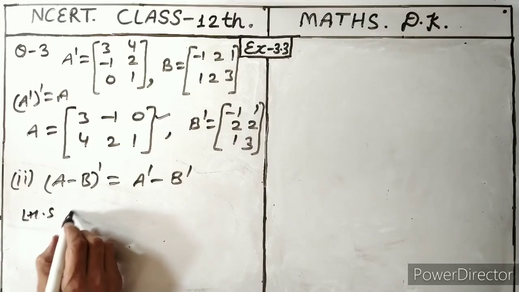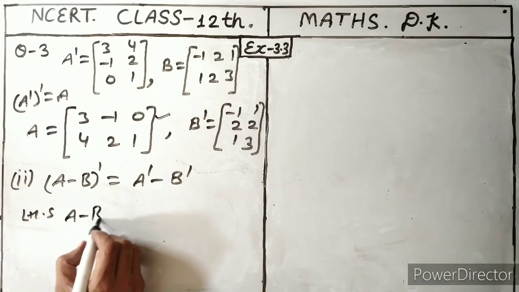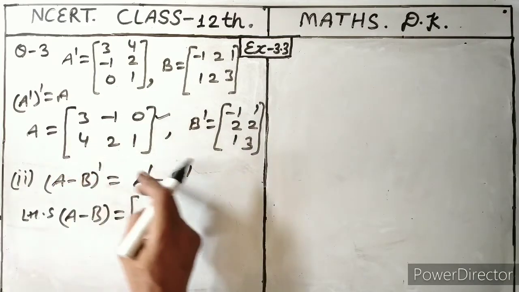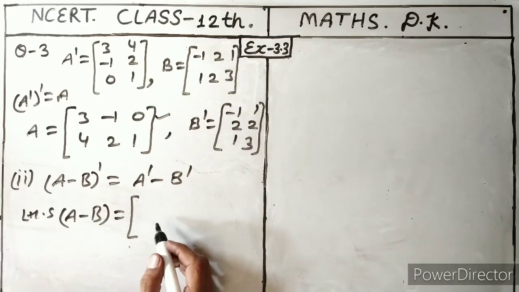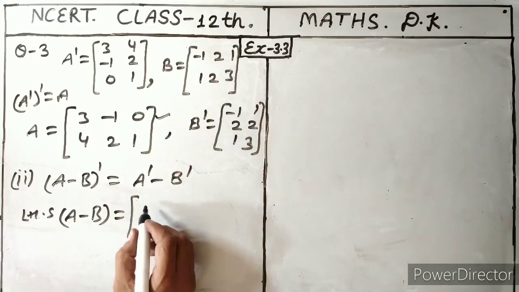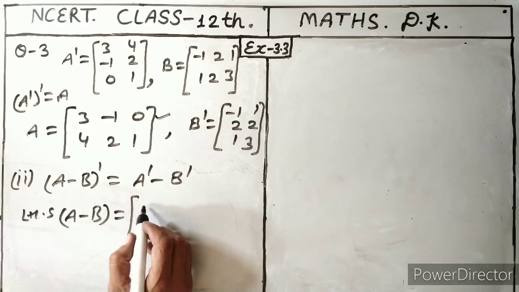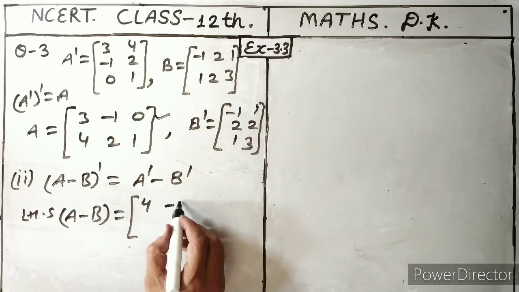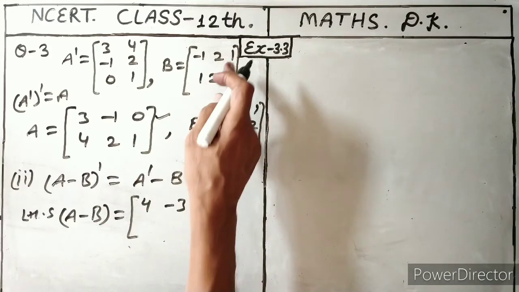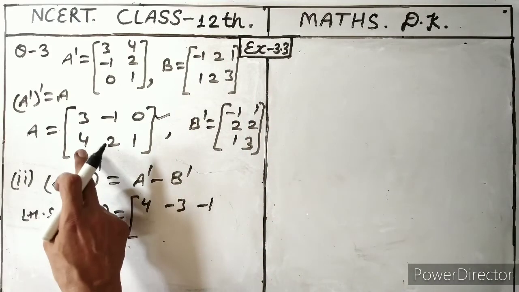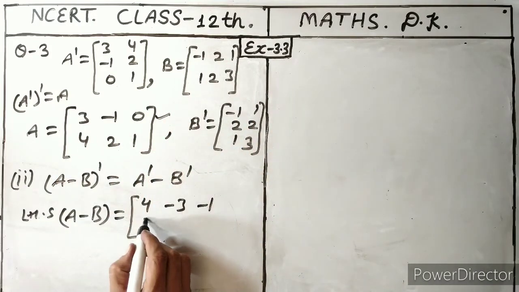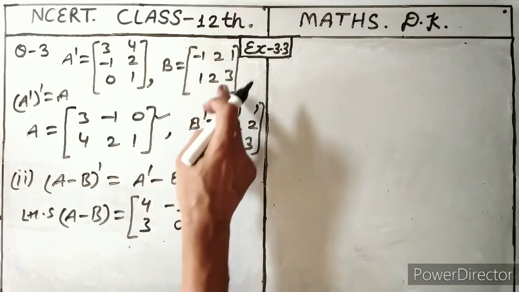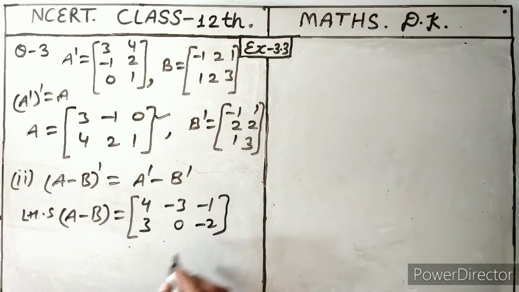At first we calculate A minus B, and here is A and here is B. 3 minus 1 minus minus 1 4 minus 1 minus 2 minus 3 0 minus 1 minus 1 4 minus 1 3 2 minus 2 0 1 minus 3 minus 2.